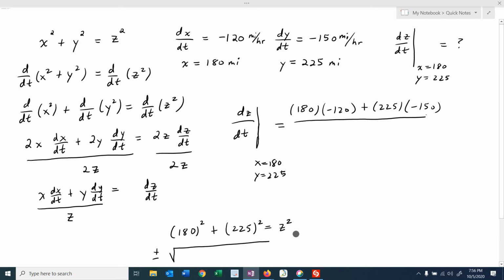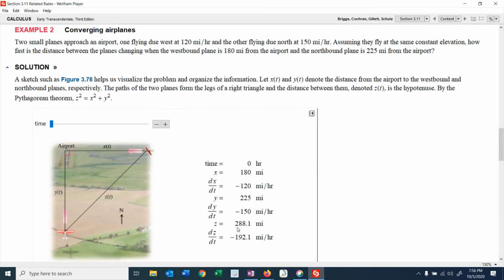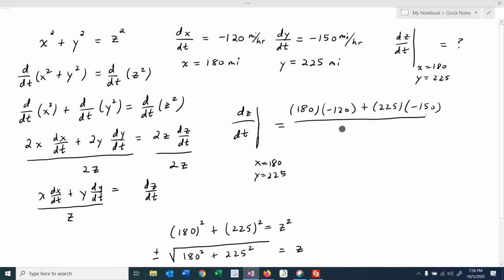Technically, when you take the square root of both sides of this equation, you get plus or minus, but this is going to represent a distance, so we know it has to be a plus. Okay, and so if you just plug that into your calculator, you'll find that z is equal to 288.1 miles. That's where that comes from. And that's rounded off, so this is going to be an approximation.